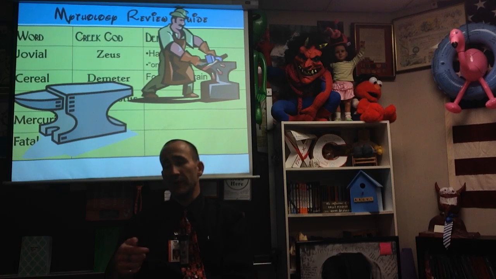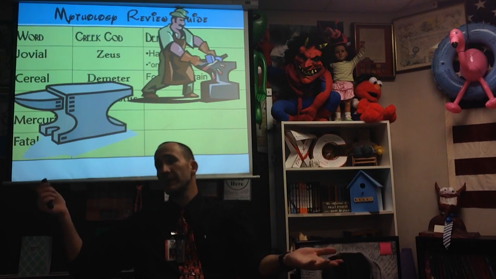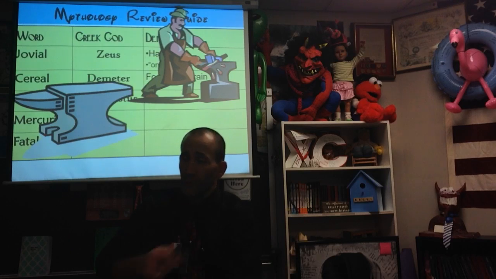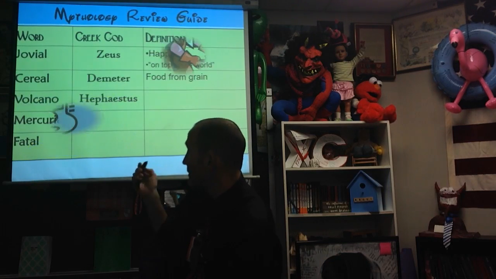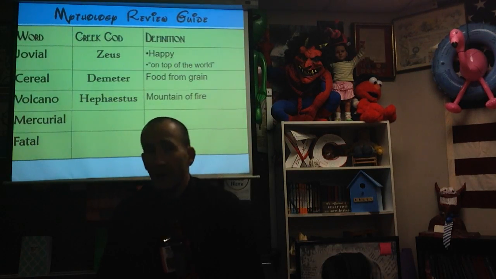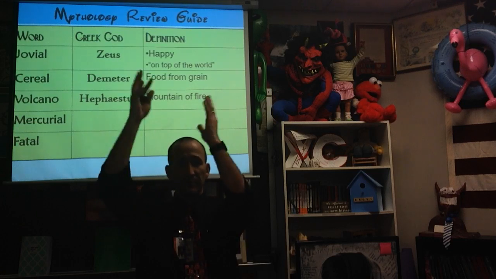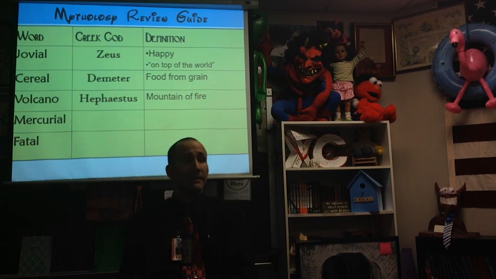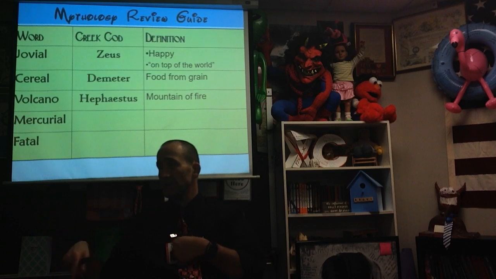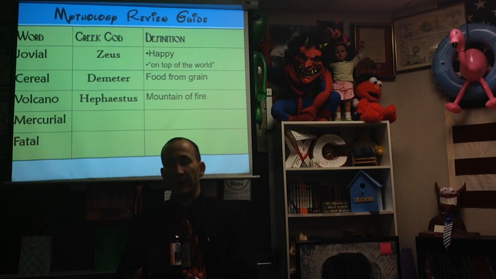So whenever you saw a mountain with the top exploded, that was the place where Vulcan was, and eventually it became called a volcano. So a volcano is just a big mountain of fire, because that's where Hephaestus had set up his forge, and it would go all explodey out of the top. And yes, he would move around from mountain to mountain, which is why you'd have all these different rotating places.